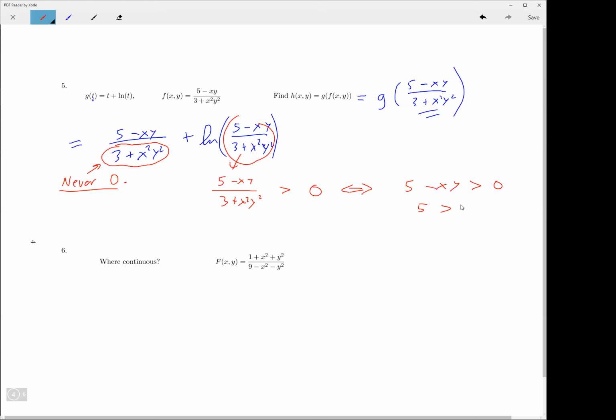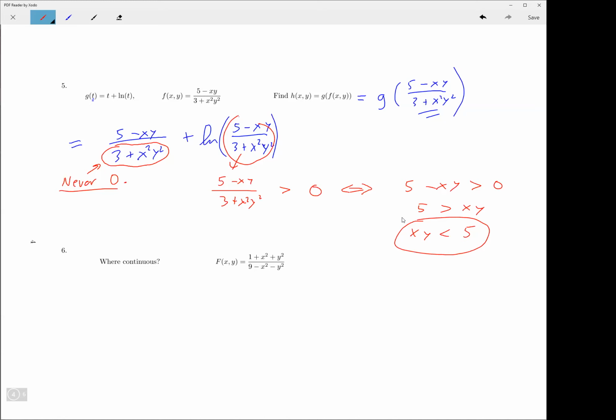But you can take the xy over here and flip it around, so xy less than 5 is what you're going to look for. Yeah, I see that there. Yep. Okay, great. So that's number 5.